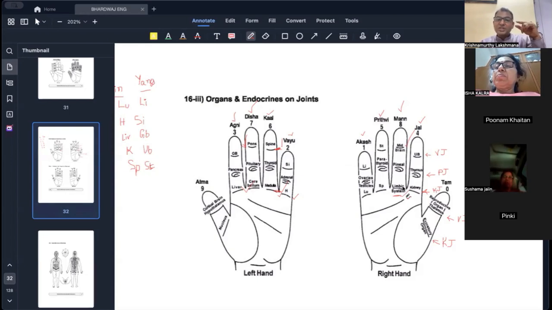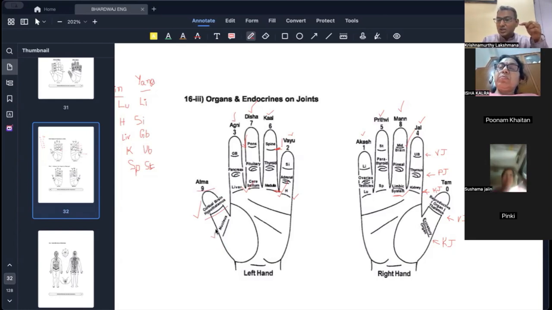So after the limbic system, if we further go deep, we will get cortical brain or hypothalamus, which we have put in the finger number 9. If I go further deep into the brain, what do I get? I get the nucleus.